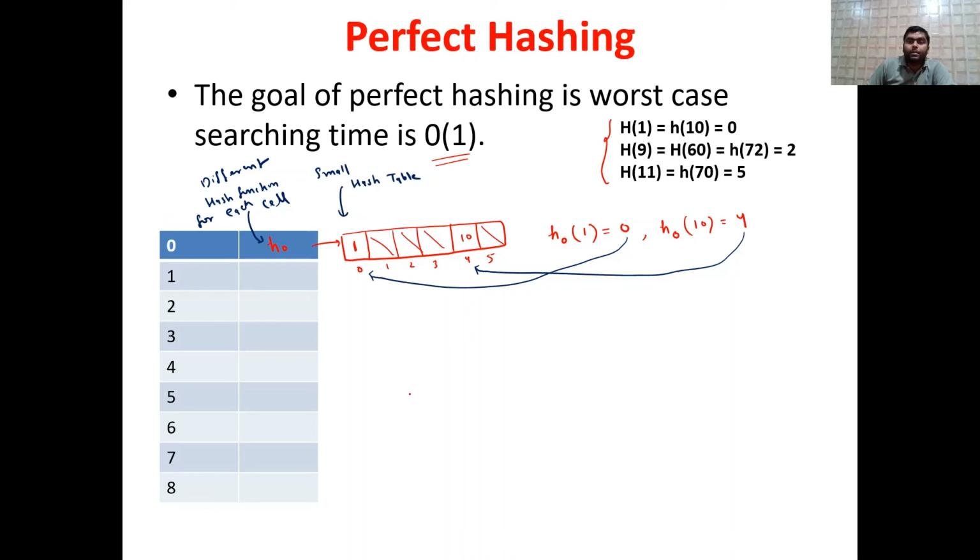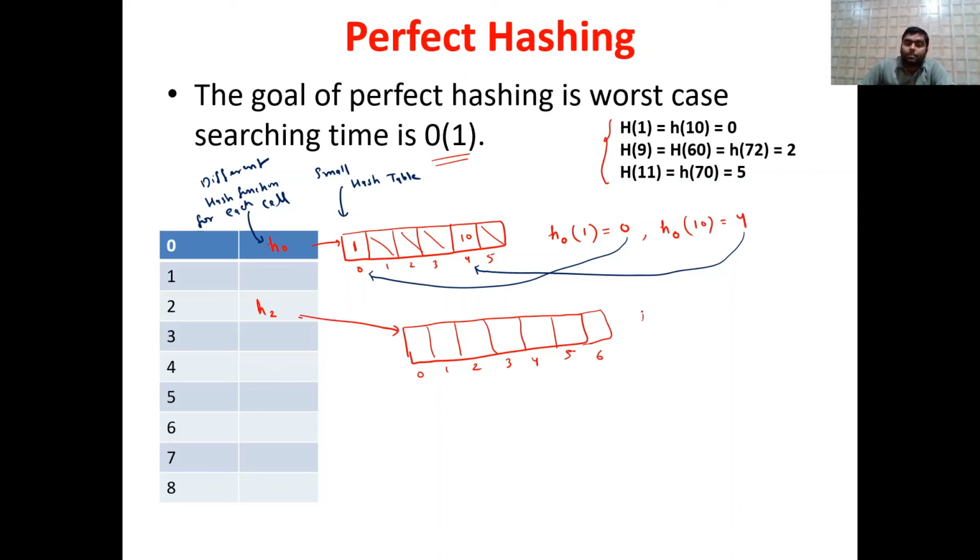For example, for those mapped to the second slot, this will be h2. So this is h2, with indexes 0 1 2 3 4 5, and this may be 6.